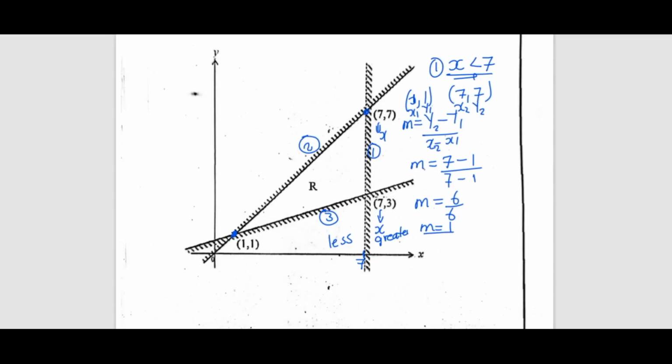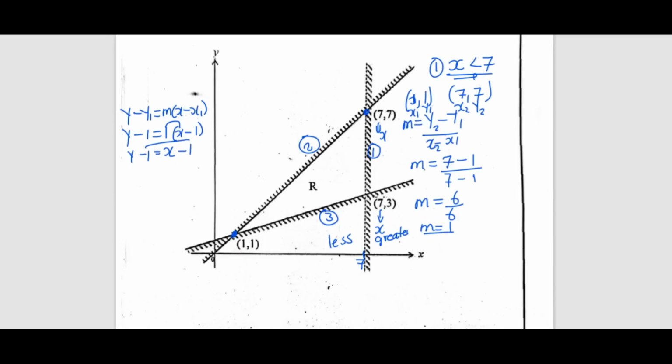Now since we have the gradient, we can solve for the equation. y minus y1 is equal to gradient, open brackets, x minus x1. y1 is 1, gradient is 1, x1 is also 1. 1 times x is x, 1 times -1 is just -1.